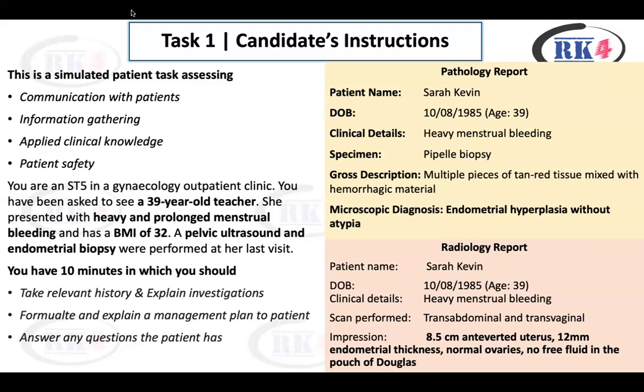Applied clinical knowledge is also borderline, because it could have been a little bit more, if you had tried to convince her to come to the Mirena and told her a little bit more about what the condition is and how it can affect. Patient safety also, of course, you didn't prescribe anything unsafe for her.